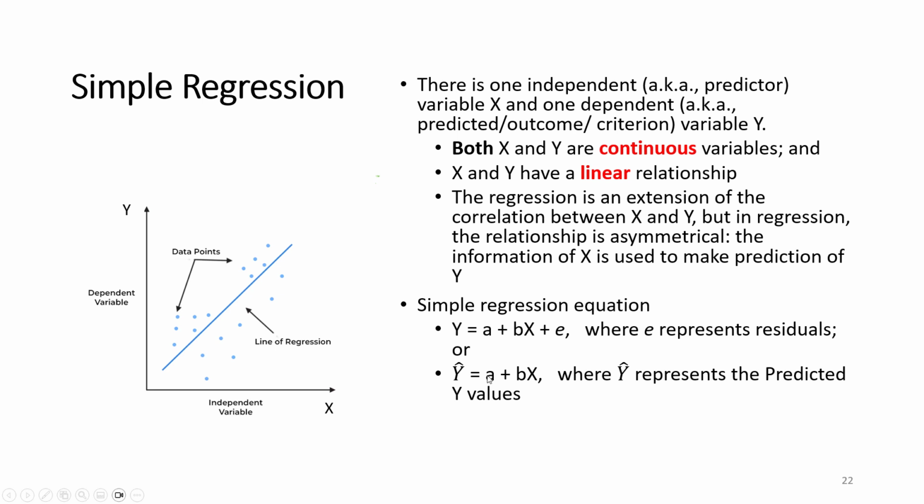The name of a on its birth certificate is regression constant, but you may know it by its nickname, the y-intercept. Remember, when you write the equation, you need to either put a hat over y to indicate it's the predicted values, or to add an e at the end of the equation to show that there are prediction errors.